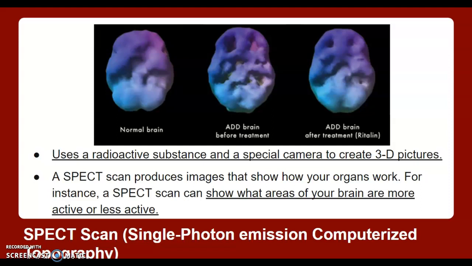Before the SPECT scan, a tracer is injected into your bloodstream, and the tracer is radio-labeled, meaning it emits gamma rays that can be detected by the CT scanner. The computer collects the information emitted by the gamma rays and displays it on the CT cross-sections. These cross-sections can be added back together to form a 3D image of your brain.